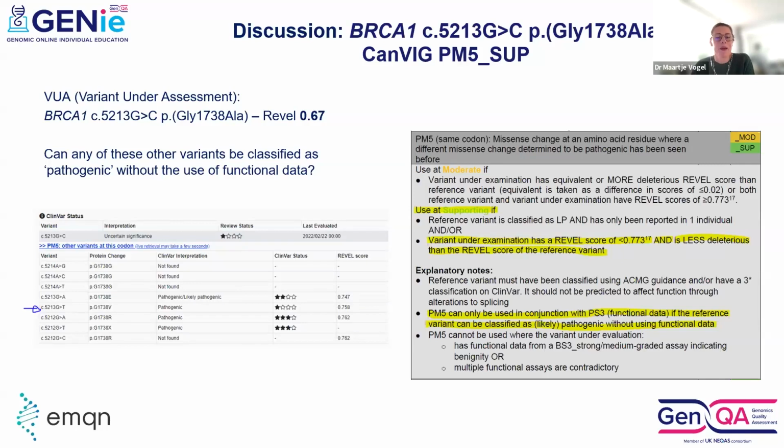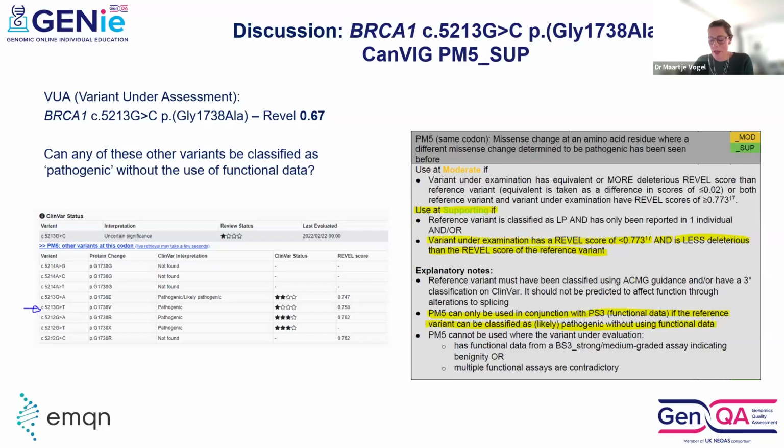On the screenshot on the left, you see that there are several candidate variants at this position that can be found with a classification of pathogenic or likely pathogenic in ClinVar. And these are good candidates to look into. So what we did, we looked at those variants and checked if we could get to a classification of pathogenic or likely pathogenic using the CANFIG guideline.